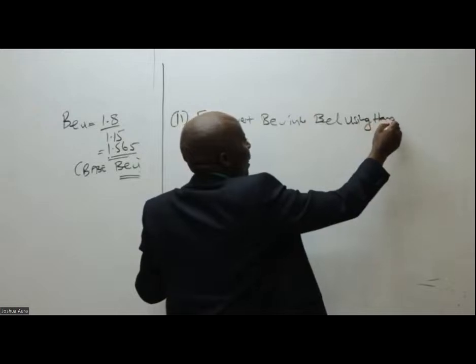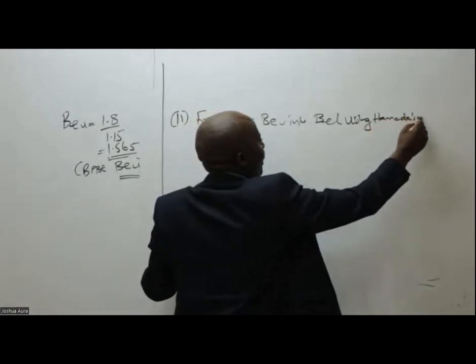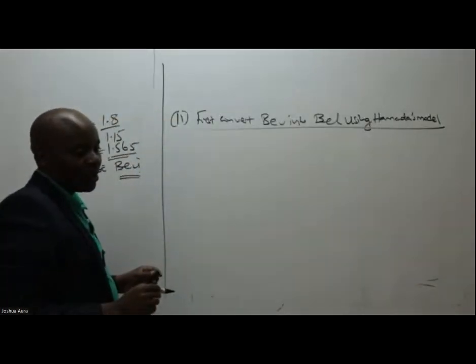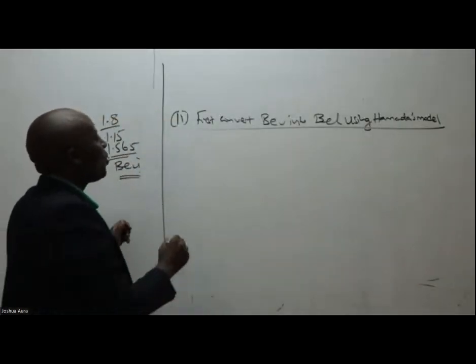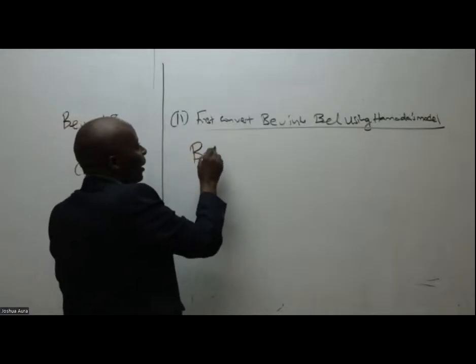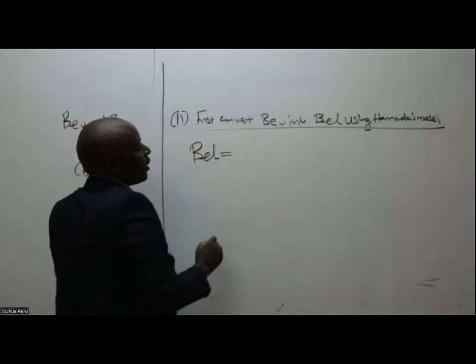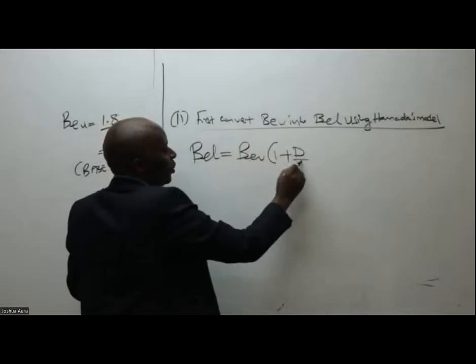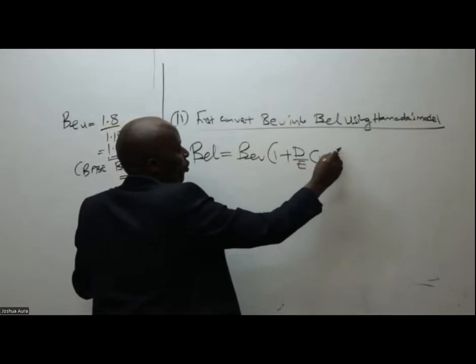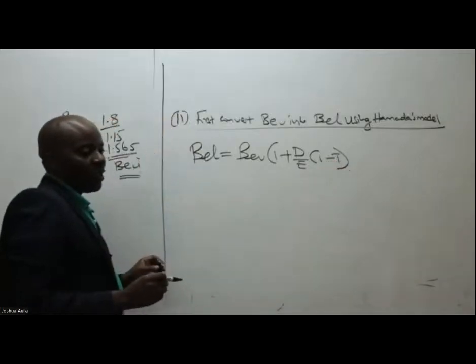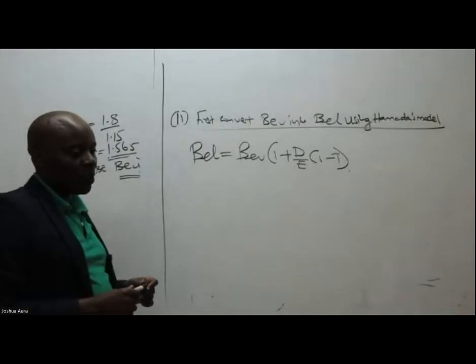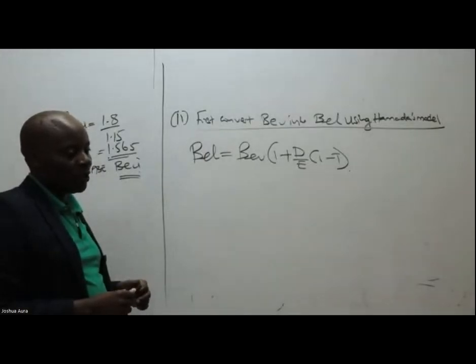Using Hamada's model, we know the formula that BEL equals BEU into 1 plus debt over equity, into 1 minus taxation.